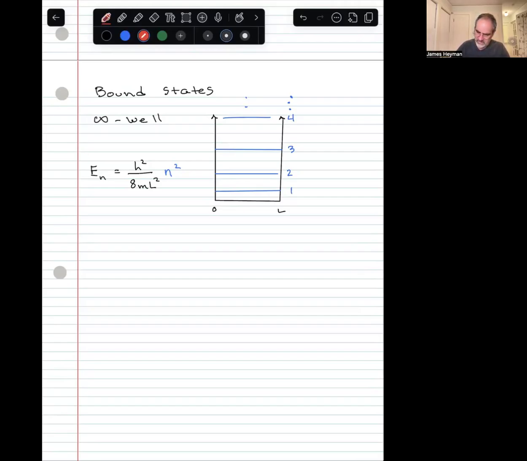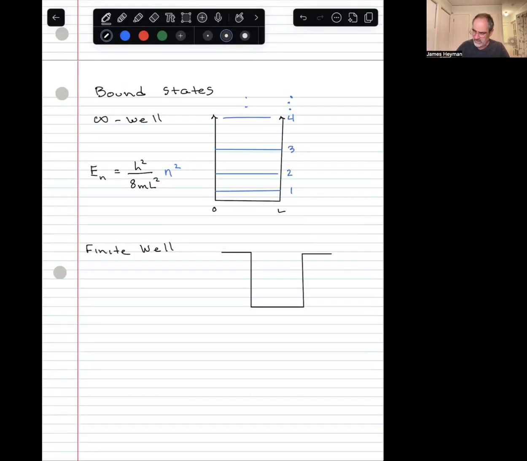We also looked at the finite well, which is sort of a cousin of the infinite well, the much more practical cousin, right? Because there are no systems that are actually exactly like an infinite well, but there are many that approximate it, and most of them are better approximated by a finite well.